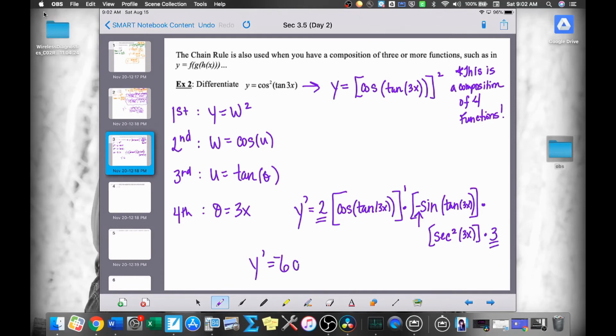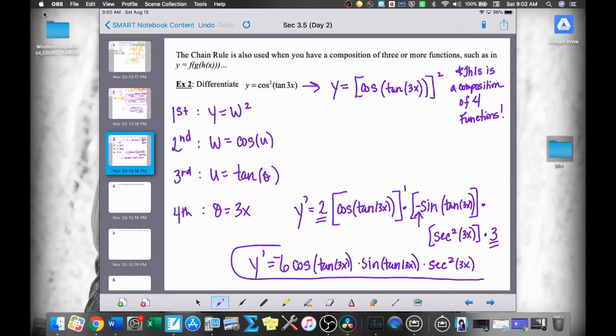So we'll have negative 6 cosine of tangent of 3x times sine of tangent of 3x times secant squared of 3x. And that is going to be the best that we can do in terms of our answer.